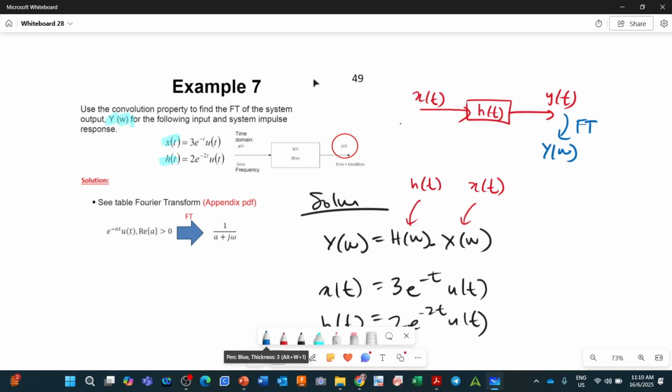That diagram is not given basically. So let's imagine you are given ht, xt. So normally you are going to find what is yt.